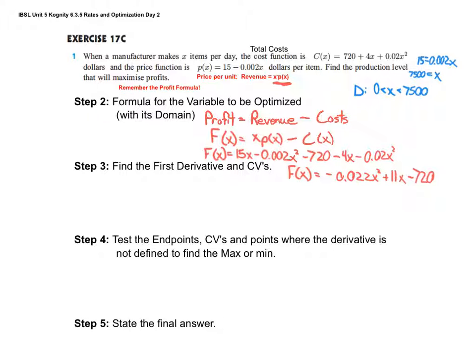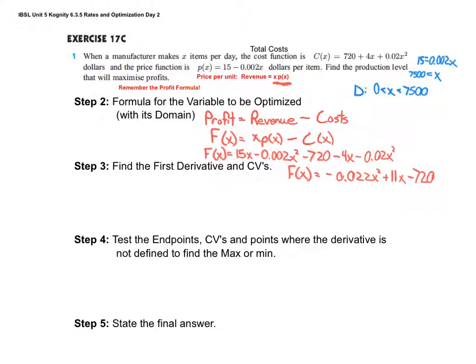Now, think with me here. What shape is our profit function? It's a parabola. Alright? And notice what's the leading coefficient? It's negative.